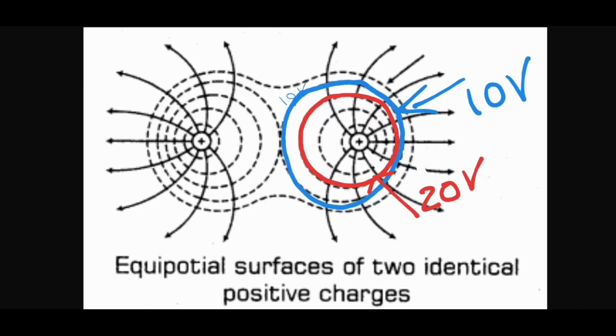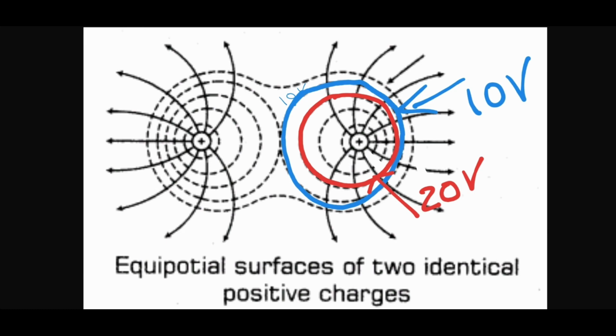Now let's see equipotential surfaces of two identical positive or negative charges. Here you can see that the blue circle represents the potential of 10 volt. That is, at each point on that blue circle the potential is 10 volt, and hence that surface is called an equipotential surface. Similarly, the red circle represents the potential of 20 volt.